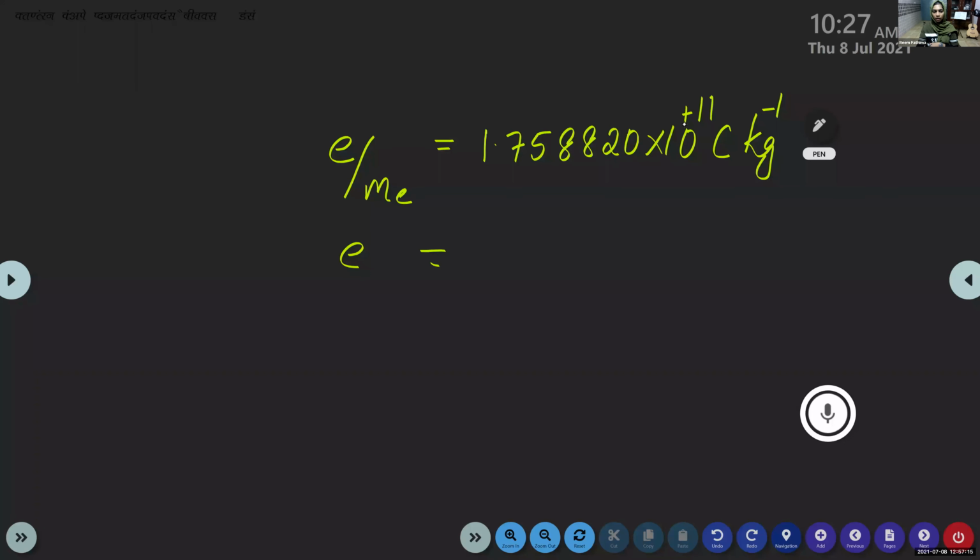Sorry, it's 10 raised to plus 11. Then next, the charge of an electron is minus 1.602176 into 10 raised to minus 19 coulomb.